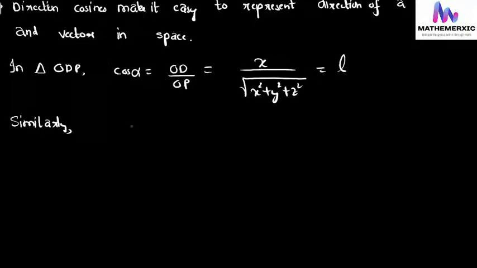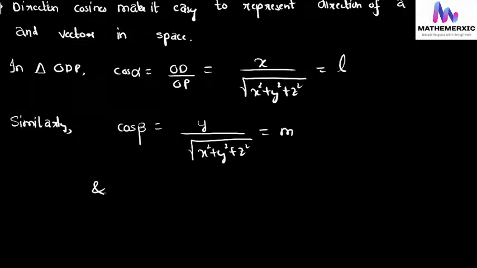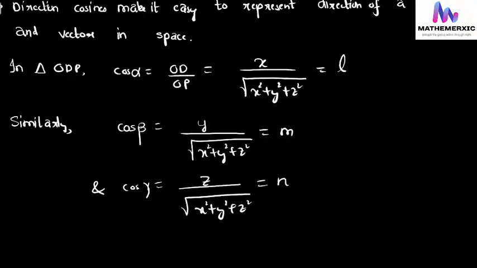Cos beta will be equal to y upon the same root, equal to m, and cos gamma is equal to z upon the same root, equal to n.